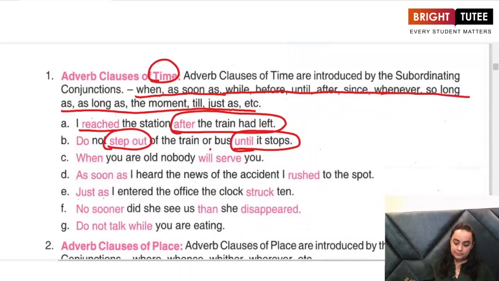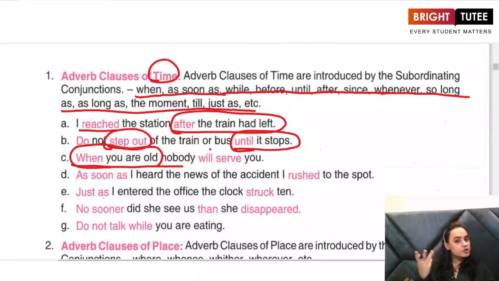Third sentence. When you are old, nobody will serve you. When will nobody serve you? When you are old. So, when you are old is my adverb clause. As soon as I heard the news of the accident, I rushed to the spot.